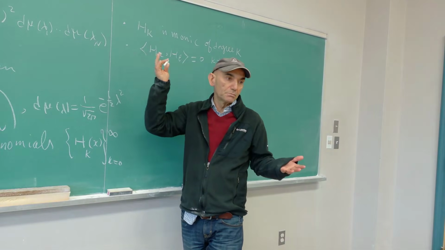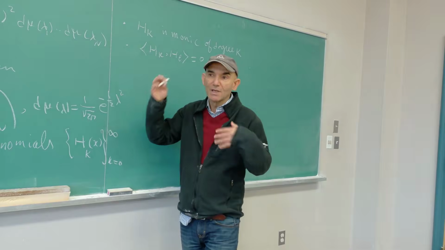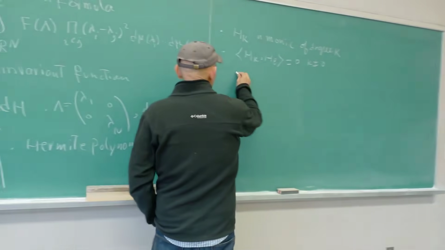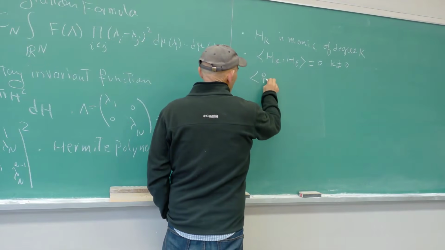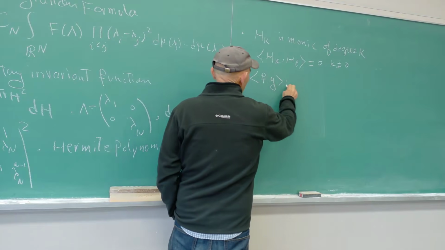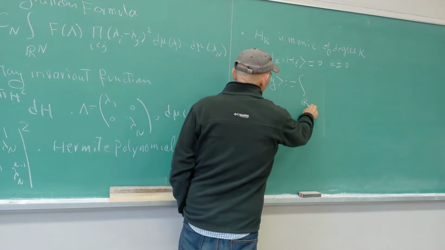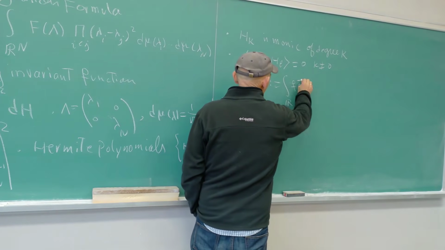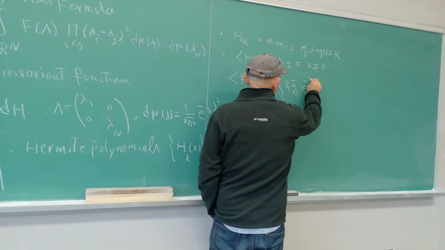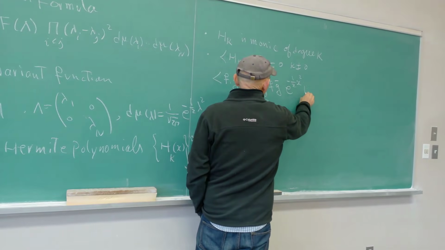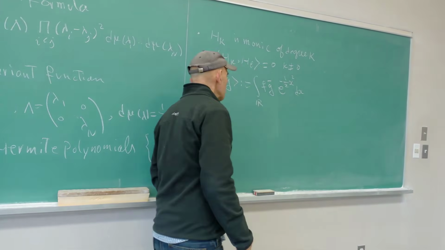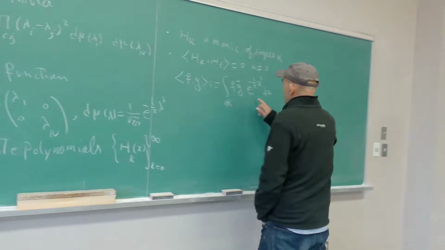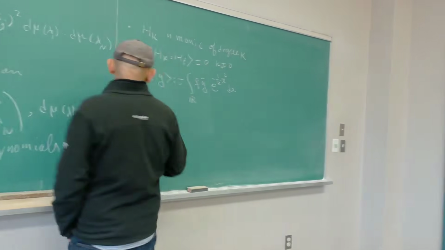But with respect to Gaussian, every polynomial is integrable. So the inner product of f and g, by definition, is the integral over R of f g bar exponential of minus 1/2 x squared dx. You don't even have to normalize, that's okay. It's an L2 product.